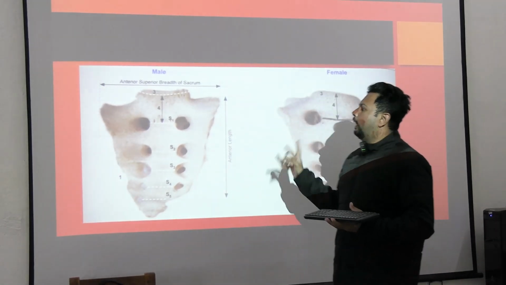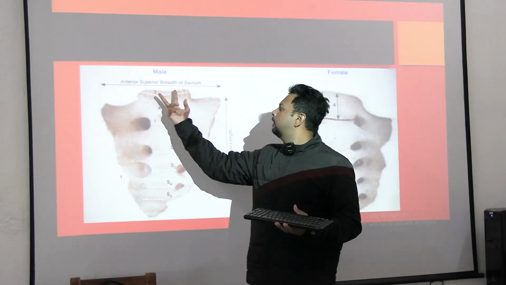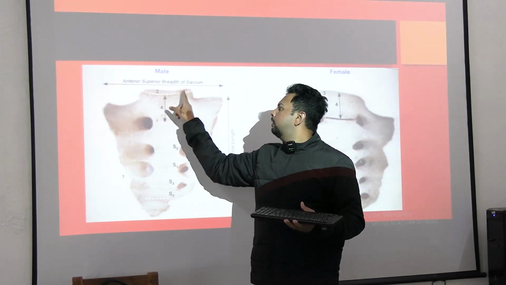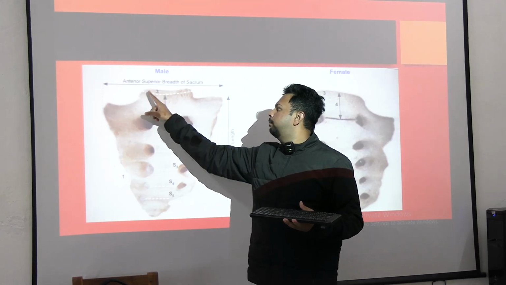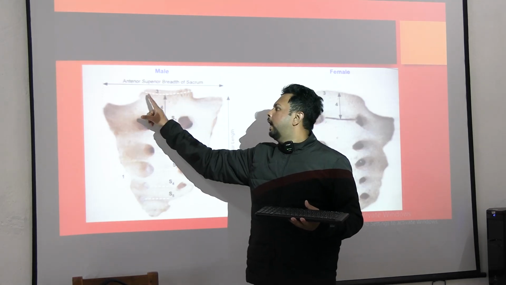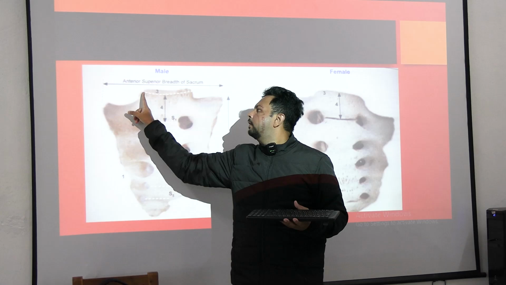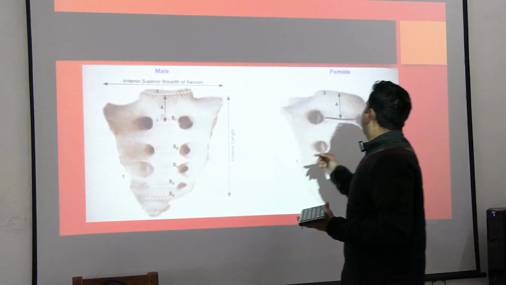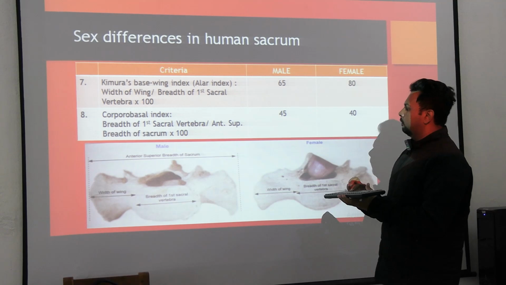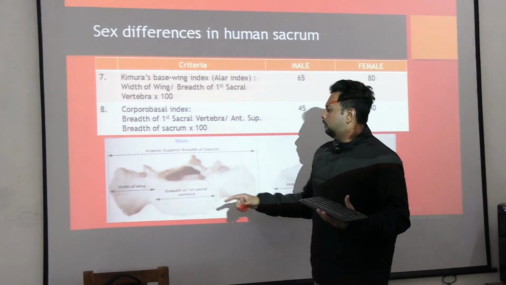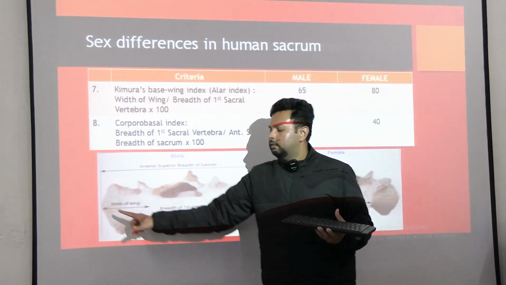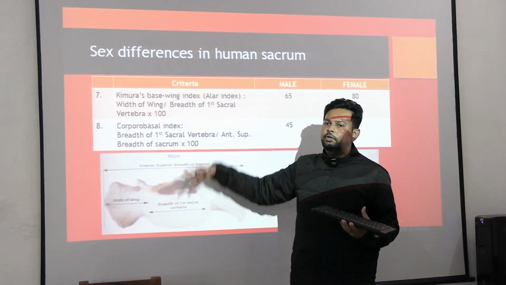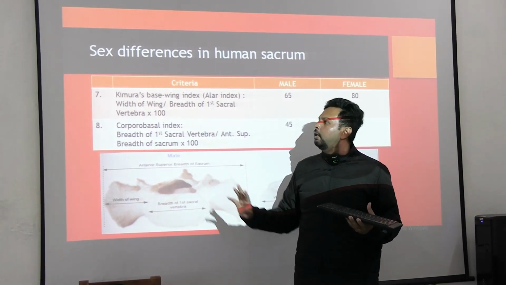Clear? The other 2 indexes are, this is the first sacral vertebra's breadth, and this is the breadth of the wing. Width of wing, breadth of first sacral vertebra. From this also we can form indexes.